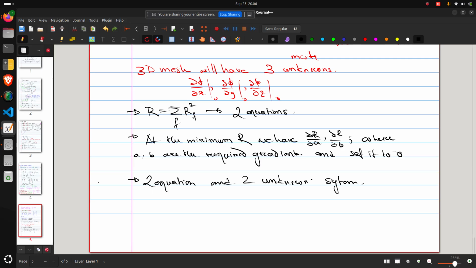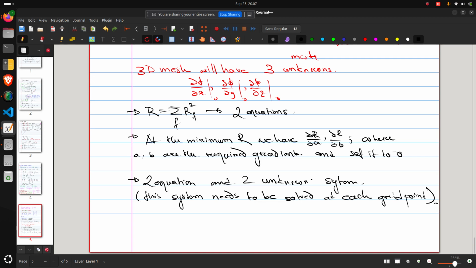And remember, this system needs to be solved at each grid point, right?